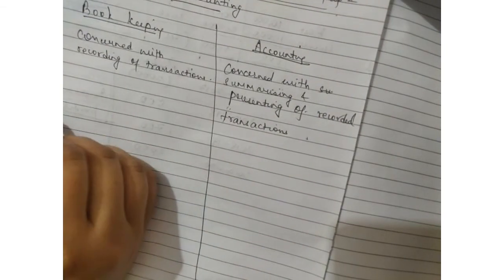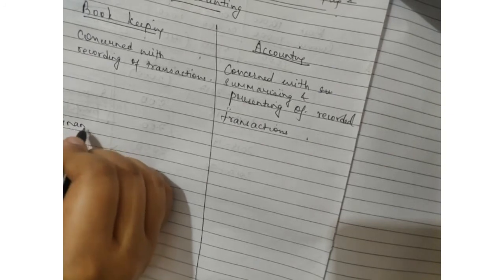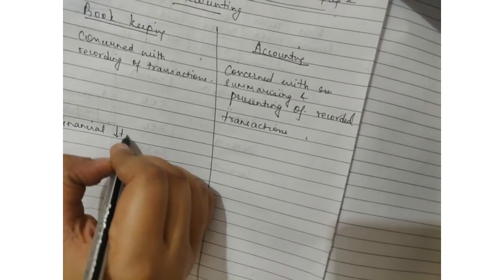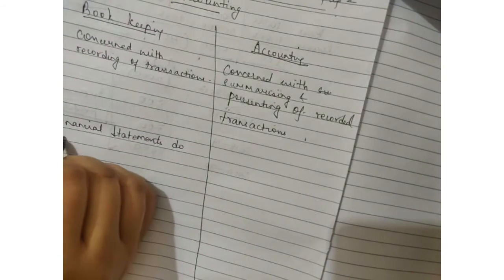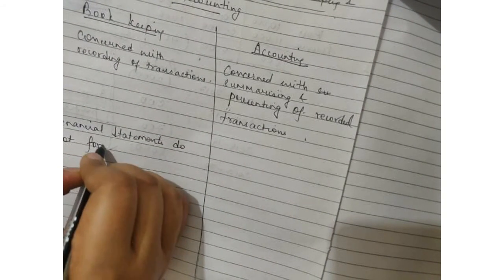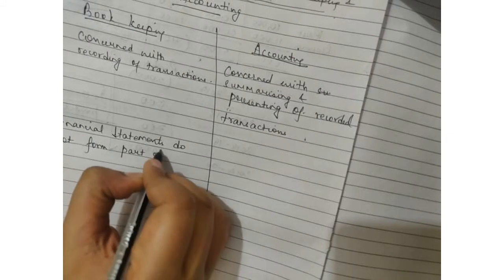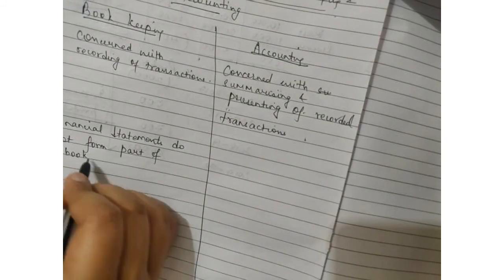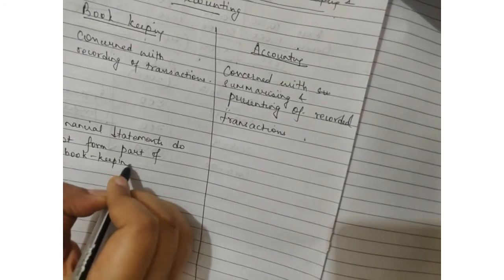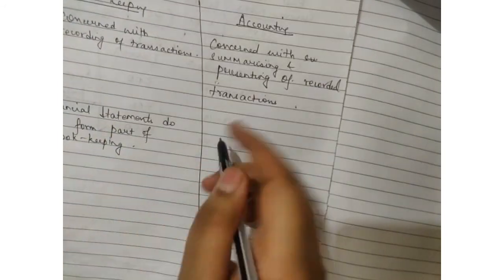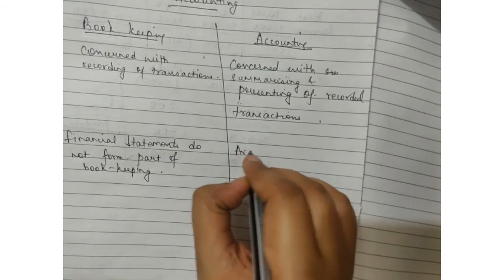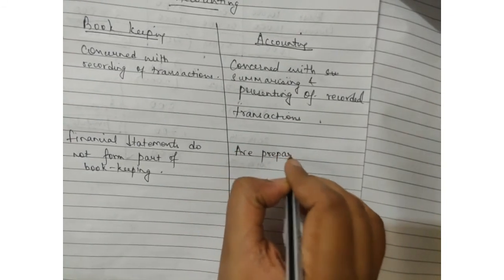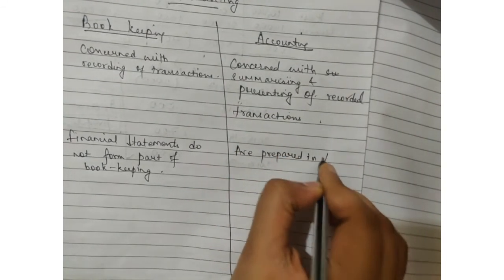Financial statements do not form part of bookkeeping, whereas financial statements are prepared in the process of accounting.